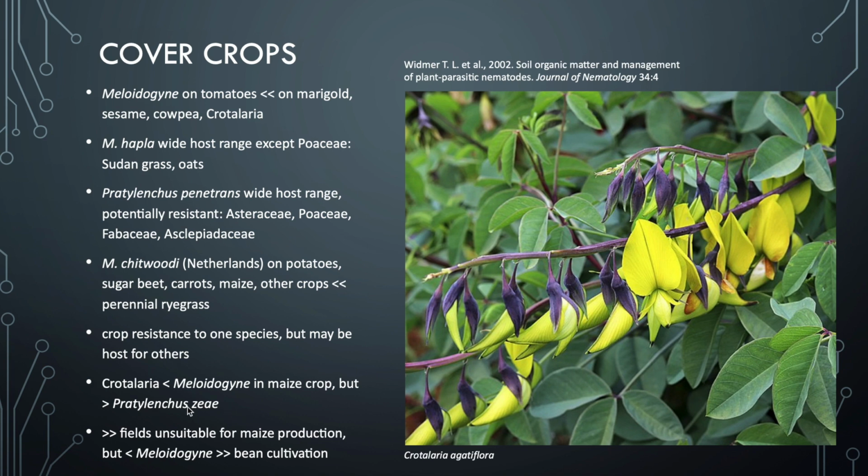So both these plants are hosts to Pratylenchus, and this has happened to a point where the fields became unsustainable for maize production, but because of the reduction of Meloidogyne, bean cultivation has become possible. So these are some of the gymnastics that can be played with the various cover crops that are available. And once again, the knowledge as to which plants and which plant families are susceptible to which nematodes is very important.